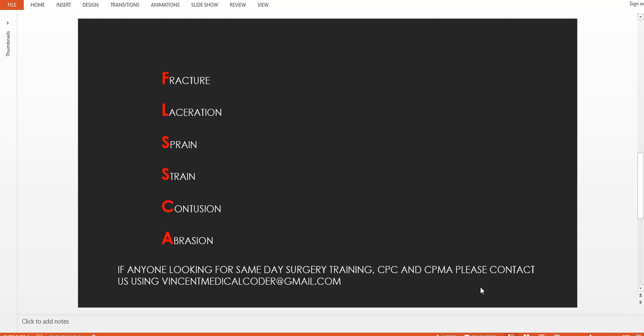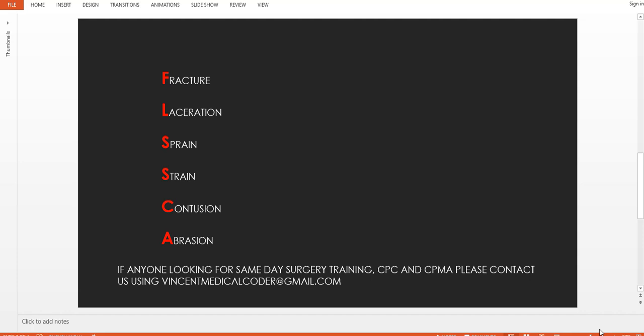Next is contusion, which is more severe than abrasion. Contusion is a bruise and rupture of blood capillaries, where, as with a hematoma, there is damage to the capillaries. You can see red coloration, whereas in abrasion you can't see any discoloration.